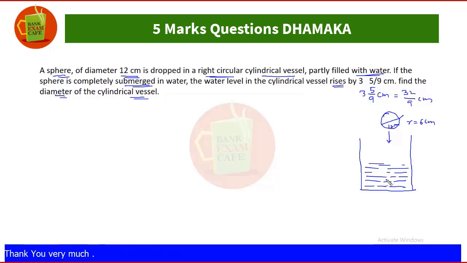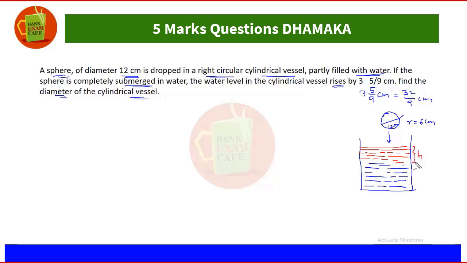Definitely by Archimedes principle the water level will get increased because some water will get displaced because of the sphere. So let us assume that the water level increased is this, as I am showing it with red color, and let this be h.